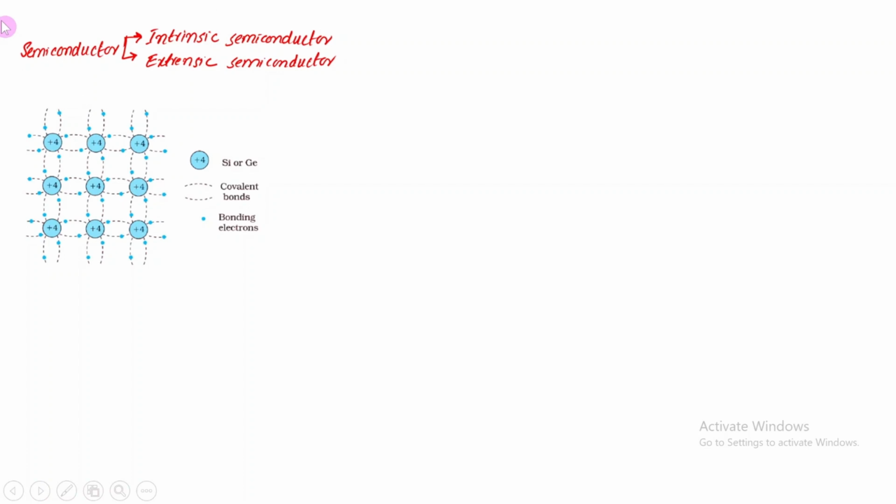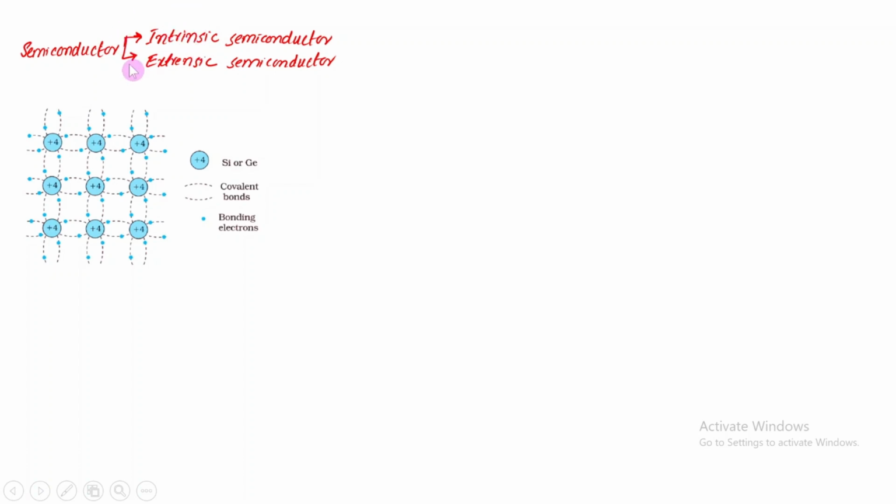In this lecture, we will discuss the overall theory behind these semiconductor materials. Here in semiconductor materials, we have two types. One is the intrinsic semiconductor, the other one is the extrinsic semiconductor. The name intrinsic represents purity.